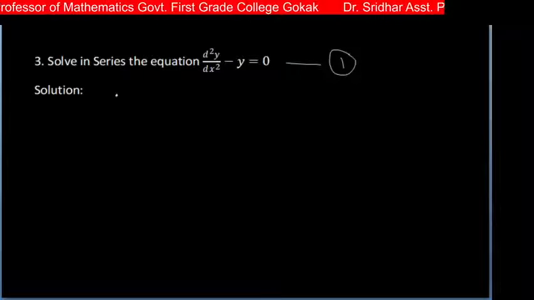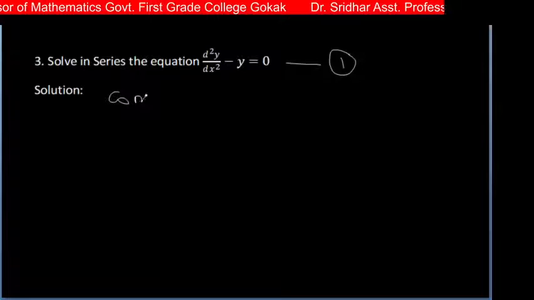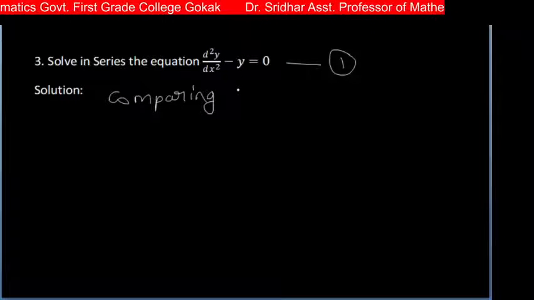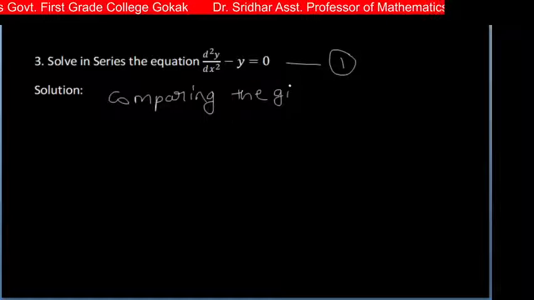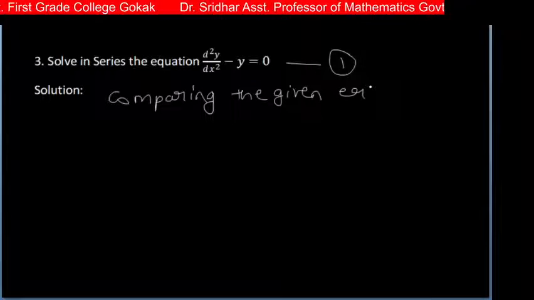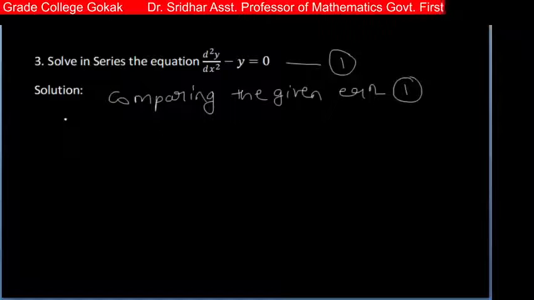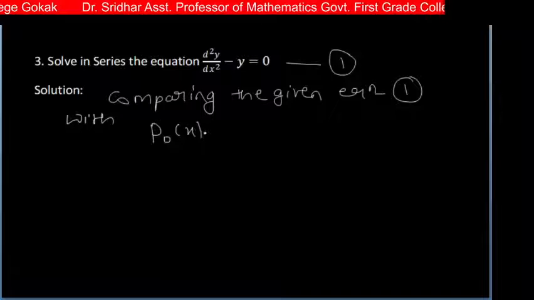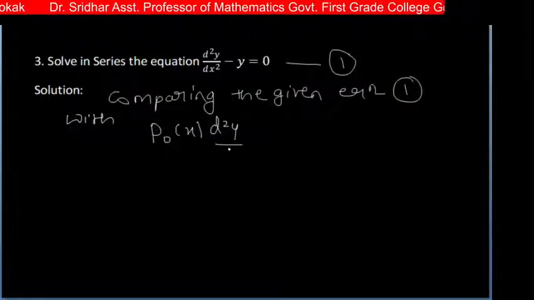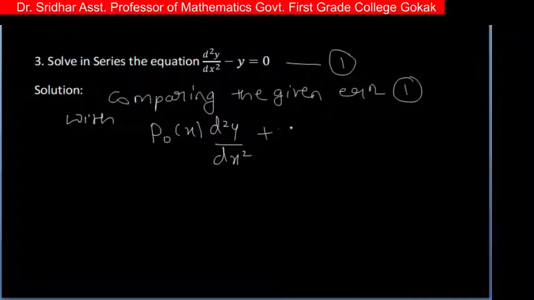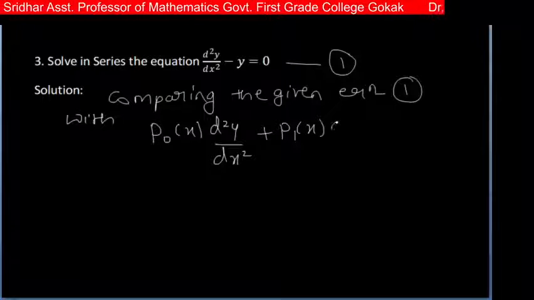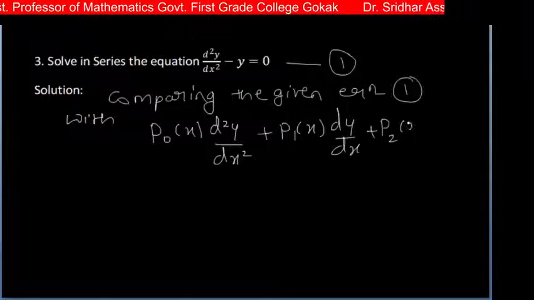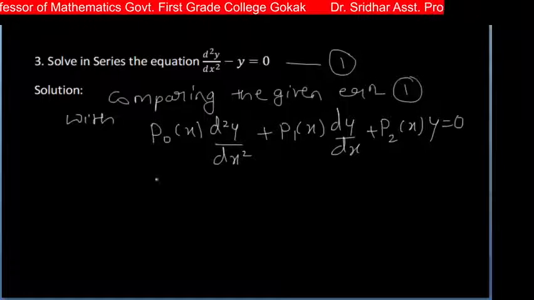Okay, so now comparing the given equation 1 with p0 of x d square y by dx square plus p1 of x dy by dx plus p2 of x y equal to 0.